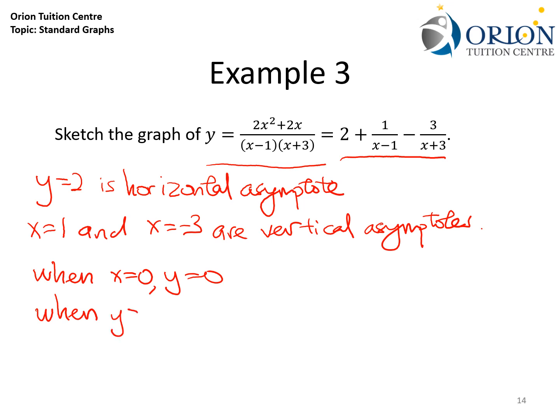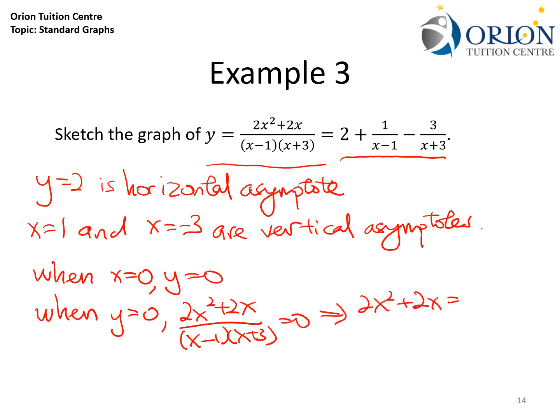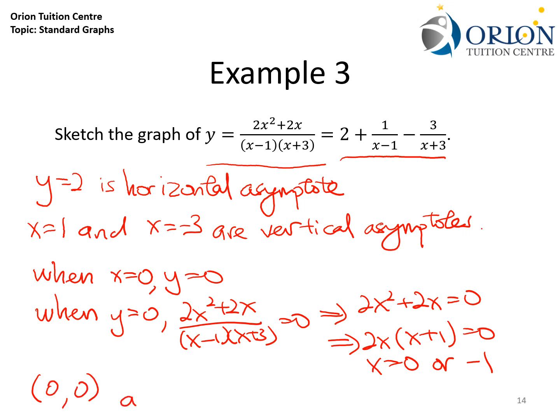When y equals to 0, we get 2x squared plus 2x divided by x minus 1, x plus 3 equals to 0, which becomes 2x squared plus 2x equals to 0, which is the same as 2x multiplied by x plus 1 equals to 0, and we get x equals to 0 or minus 1. And therefore, we know that 0, 0 and negative 1, 0 are the axial intercepts.